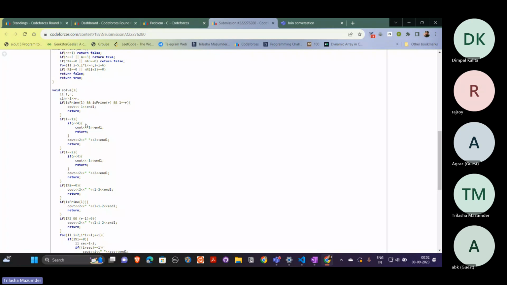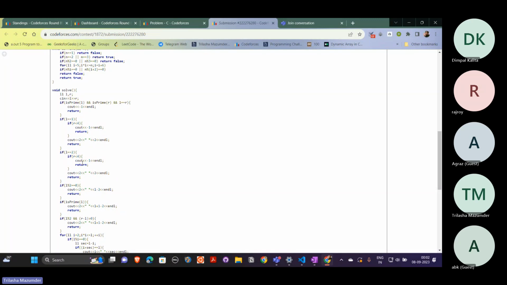But if the value starts from 4 to any upper bound, then you can always make 4 the answer as 2 and 2. So the GCD will be 2 and their sum will always be 4. That means you are equating the sum to the right answer. Whatever 1 7, 1 8, 1 9, you always have this 4 as the sum, which can be broken down into 2 and 2. So this is the case I've handled for L equal to 1.